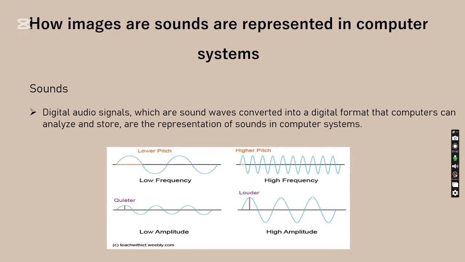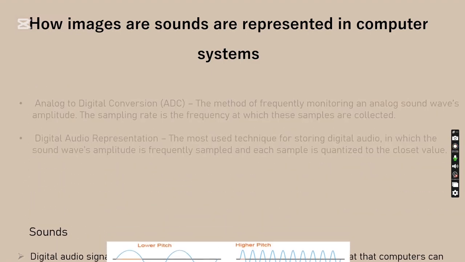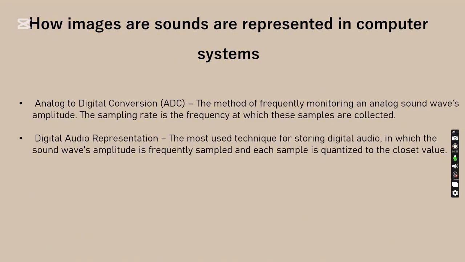Sounds. Digital audio signals, which are sound waves converted into a digital format that computers can analyze and store, are the representation of sounds in computer systems. Analog to digital conversion, ADC, the method of monitoring the frequency and amplitude of analog sound waves.